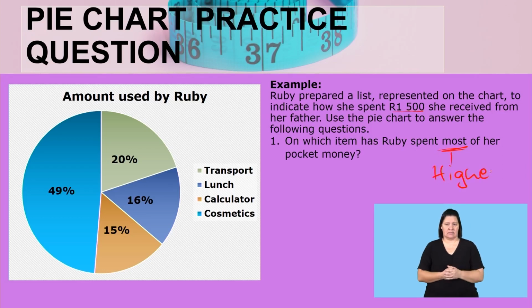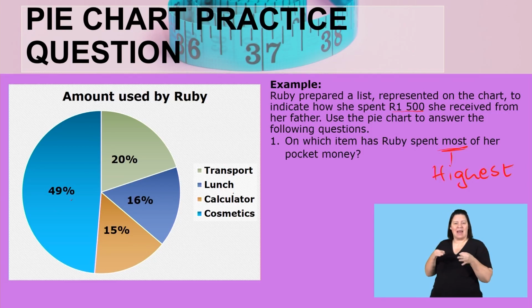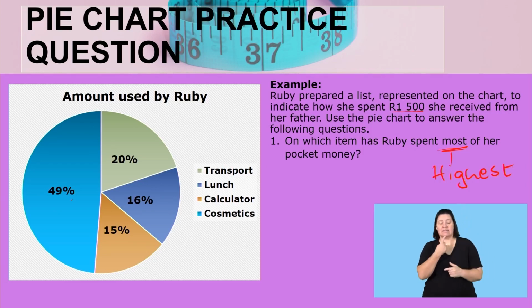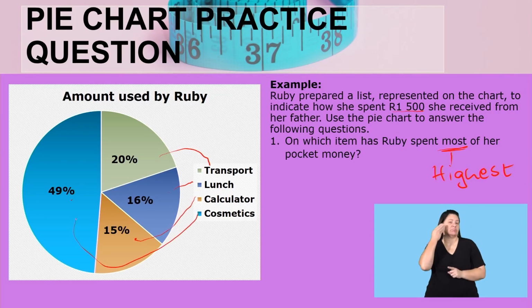Because that's where she spent most of her pocket money, looking at the slices, the bigger slice is 49%. Then you have to look at these colors because you have the key of explanation on the right-hand side. The green will represent the transport, the blue will represent the lunch, calculator is this one, and this is the cosmetic.